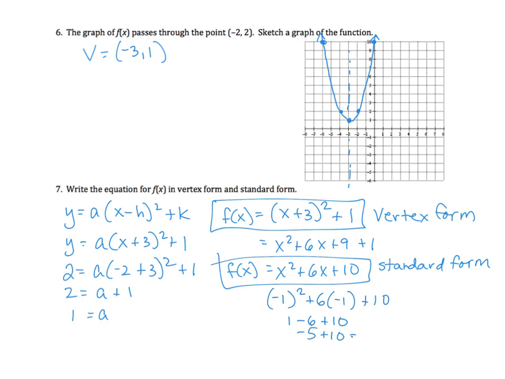Oh, wow, I was really good. So I would then know that the point negative 1, 5 is also on my parabola. So again, that's just basic graphing, knowing that anytime you plug in an x value, you get a y. That is how you write the equation of a parabola based upon a graph.